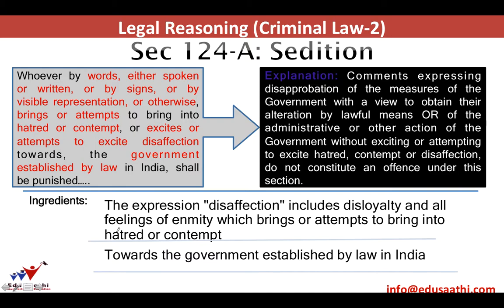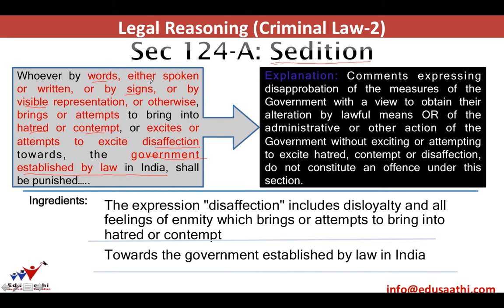Next is section 124 of the Indian Penal Code, which defines sedition. Sedition is a crime against the government of India or Indian sovereignty. So we'll understand what sedition means. Whoever by words either spoken or written, or by signs, or by visible representation or otherwise, brings or attempts to bring into hatred or contempt, or excites or attempts to excite disaffection towards the government established by law in India.